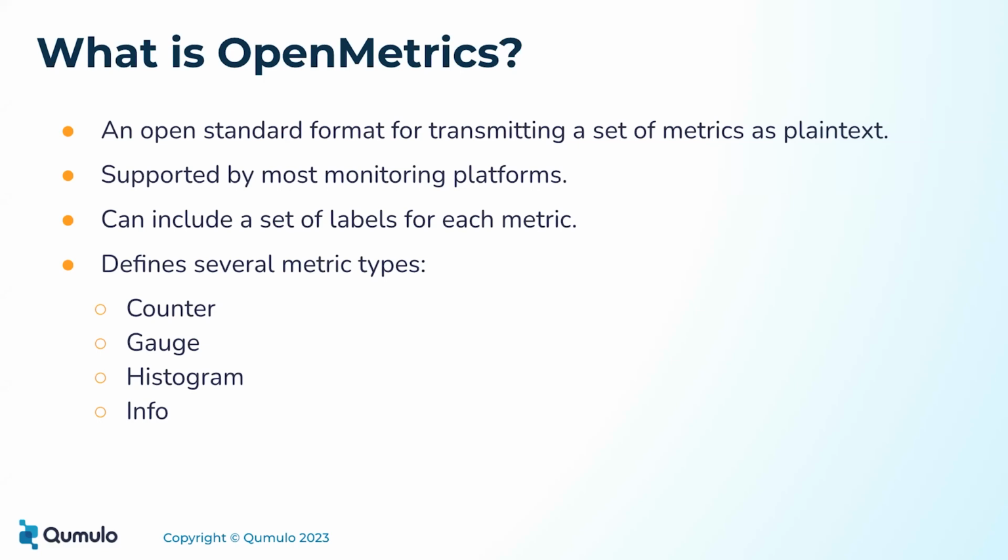And it defines several different metric types: counters, gauges, histograms, and just informational bits of data. We can delve into each one of these a little bit when we build custom dashboards, but it's just nice to know overall the type of data bits that you get through the OpenMetrics API.